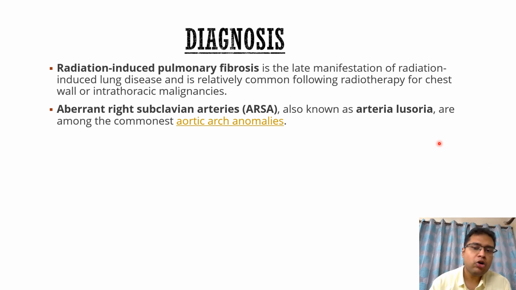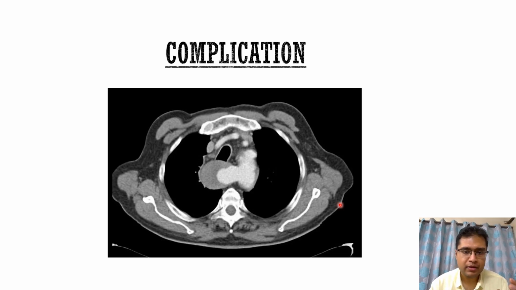So an important complication of aberrant right subclavian artery is this. So what do you think this is? This is the aberrant right subclavian artery, which I've shown you in the previous images. From the arch of aorta it is arising, and here is dilatation of that particular artery at its origin.